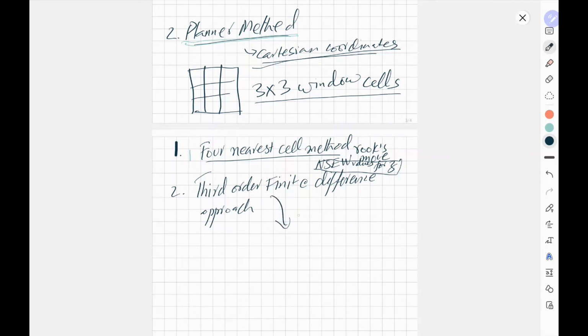The other one is known as the 8 cell method. This is the 4 cell method, and the other one is known as the 8 cell method, and it was devised by Hahn in 1981.